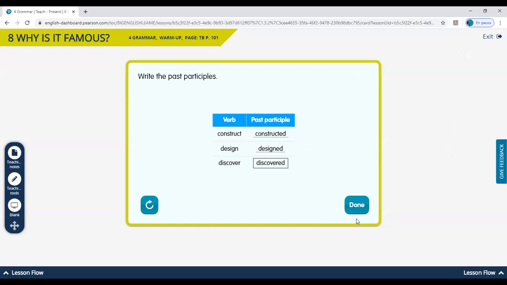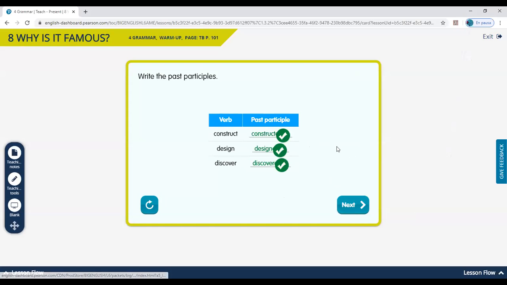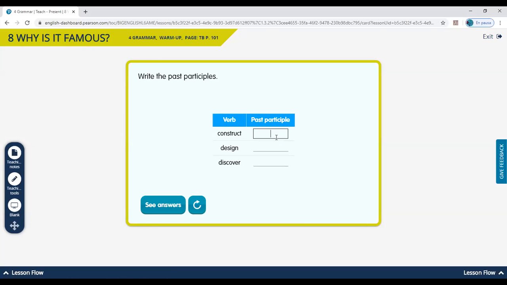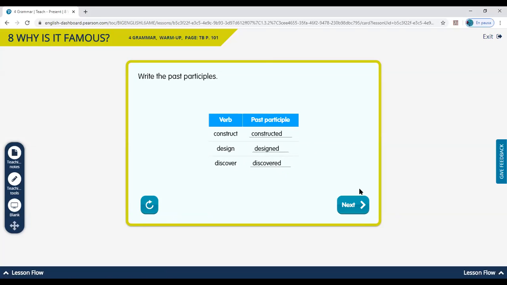Remember, if you have the ending ed, pay attention, it is regular. And these are regular verbs. Constructed, designed, discovered.